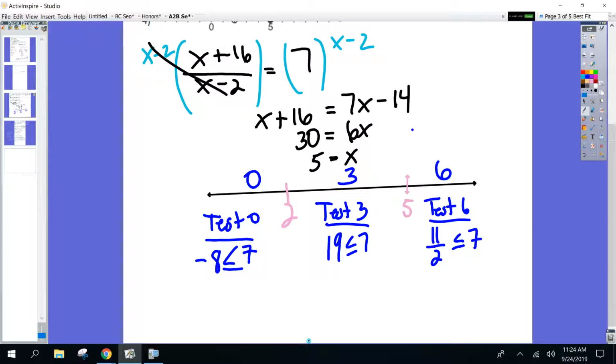Did 0 work? How about 3? And then how about 6?